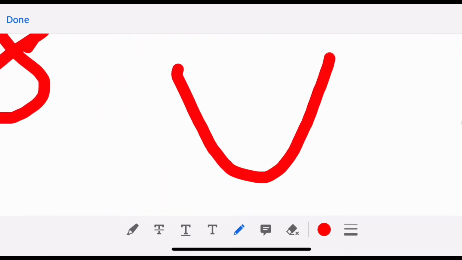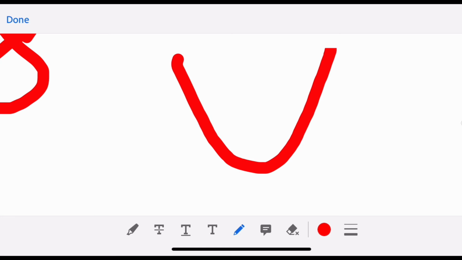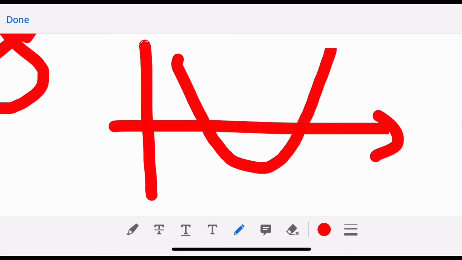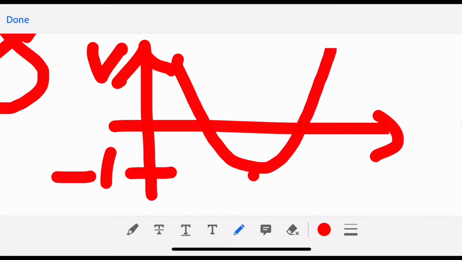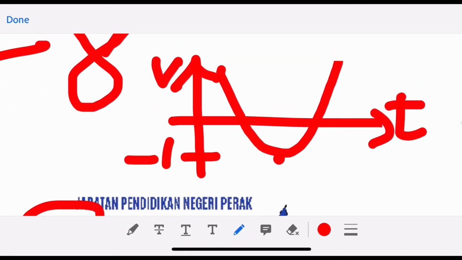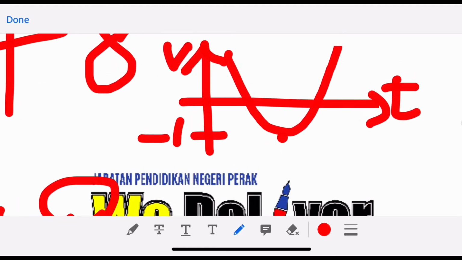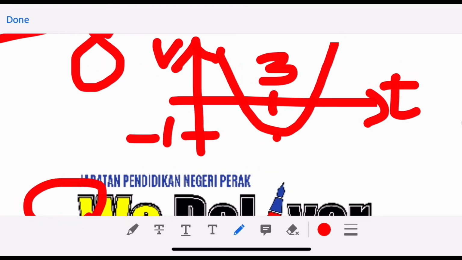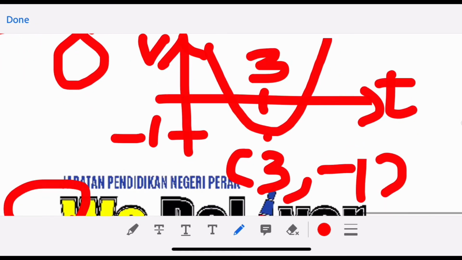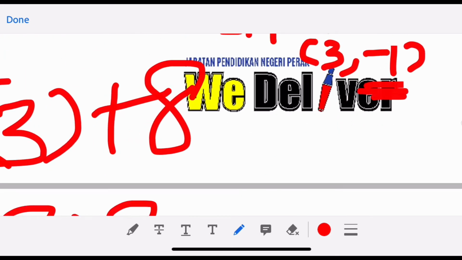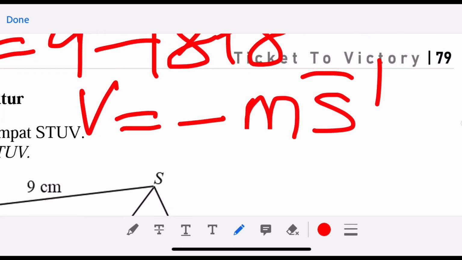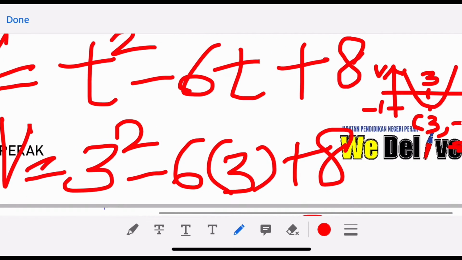This is the graph, and this is v. This is negative 1 meter per second. This is time. Okay, basically that is the concept. And here is 3, so this is 3, negative 1. This is the minimum value of v, which is the minimum velocity. Alright, so we have solved the minimum velocity.